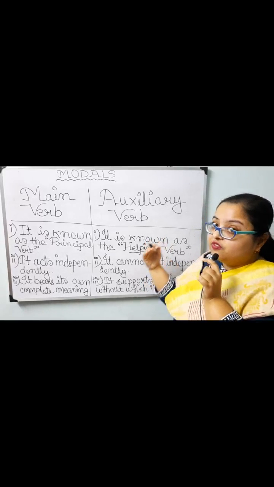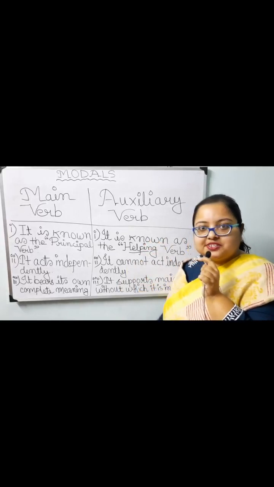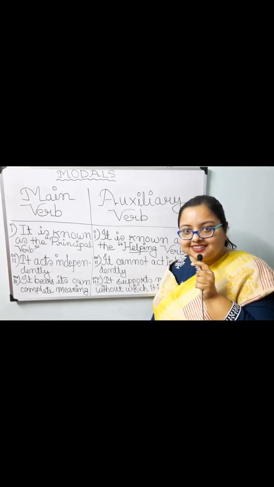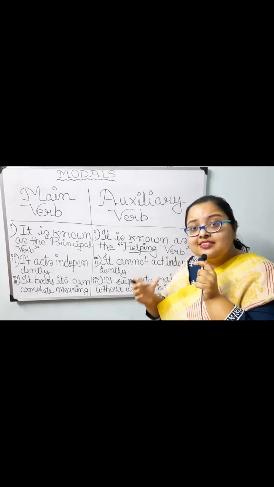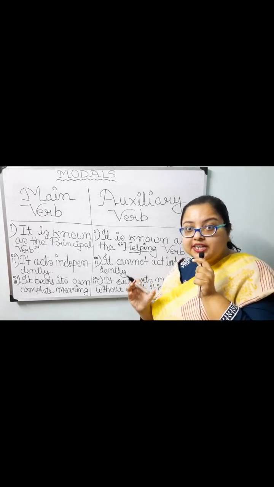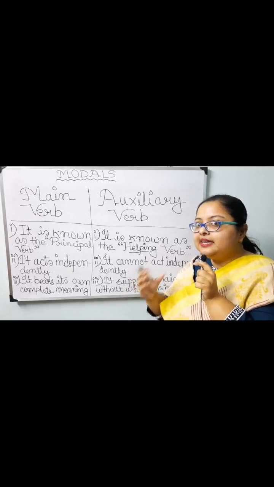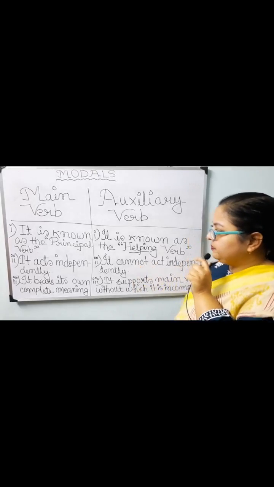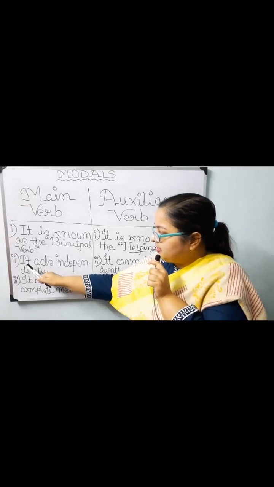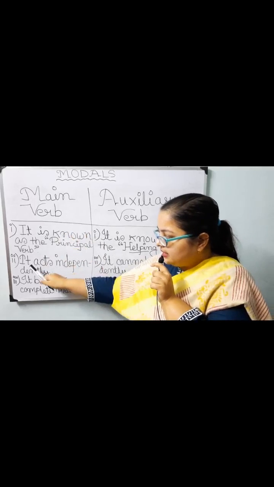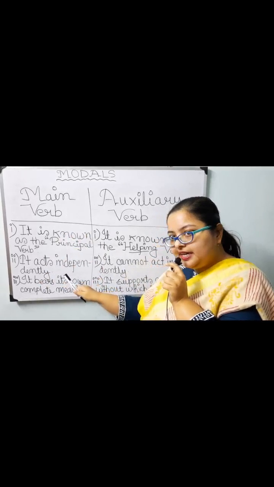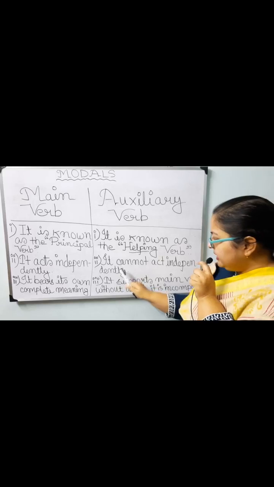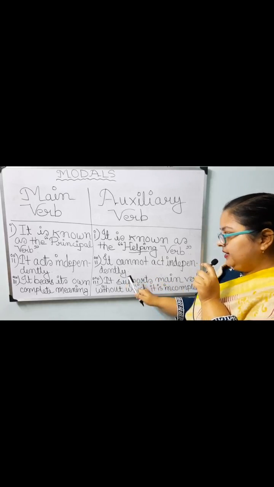So this verb basically helps another verb in a sentence to complete the sentence's meaning, or to give proper meaning to a sentence. Next one, number 2, under main verb: it acts independently. Under auxiliary verb, number 2: it cannot act independently.